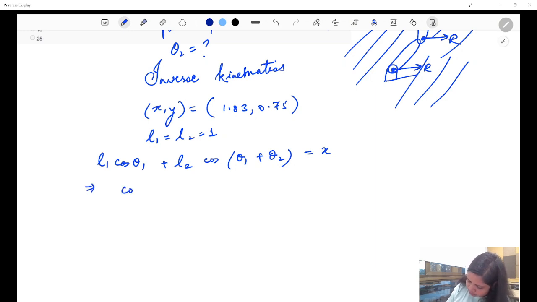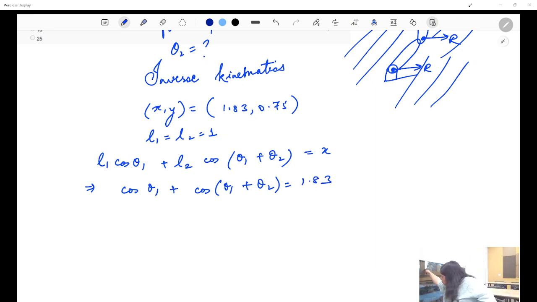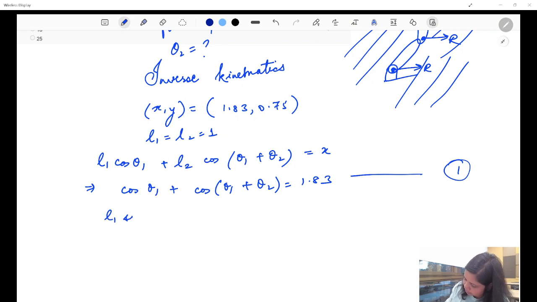Then you'll write cos theta 1 plus cos of theta 1 plus theta 2 is equal to 1.83, right? Yeah. You'll have this. Now let it be your first equation. Let's move to the second equation. L1 sin theta 1 plus L2 sin of theta 1 plus theta 2 is equal to y.